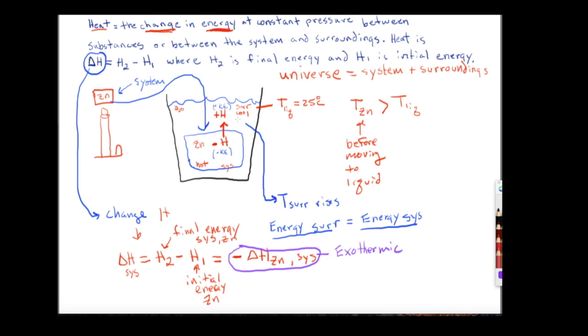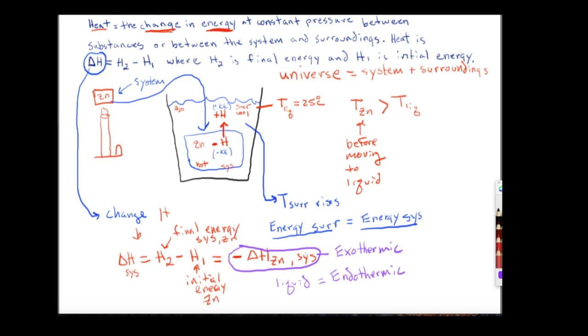And for the liquid, the process is endothermic. All right, and that should make sense to you because the temperature in the liquid had to rise, and the temperature in the zinc had to go down. It had to go down in the zinc because energy was given up by the zinc into the surroundings.